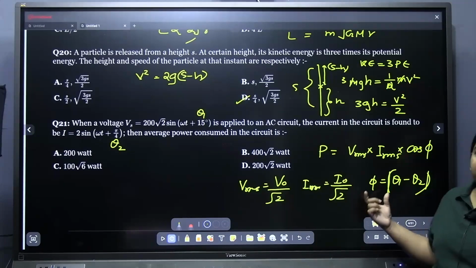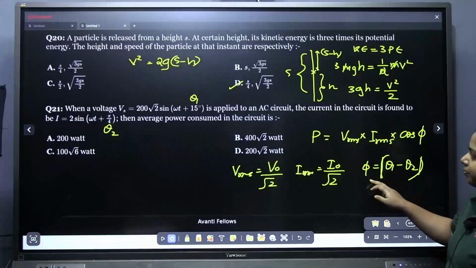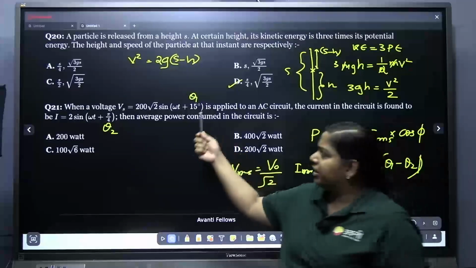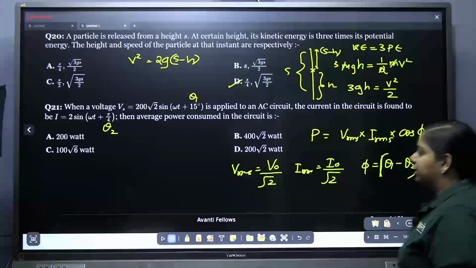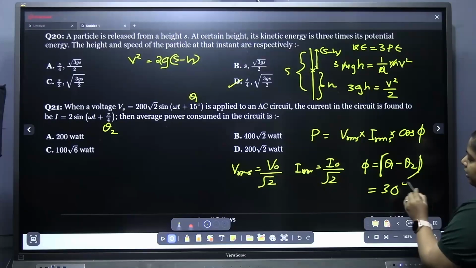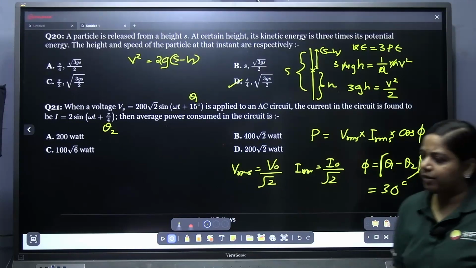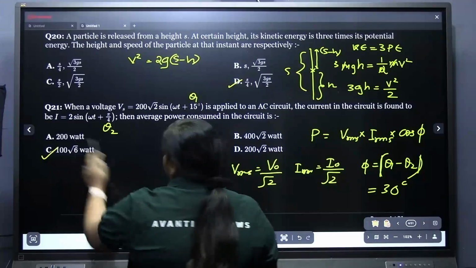From this you will get phi equal to 30 degree, because this is 15 degree and pi by 4 is 45. 45 minus 15 is 30. So phi you will get as 30 degree. Substitute all these values, you will get average power. Yes, C is the answer. Okay.